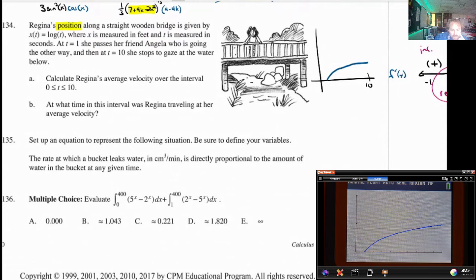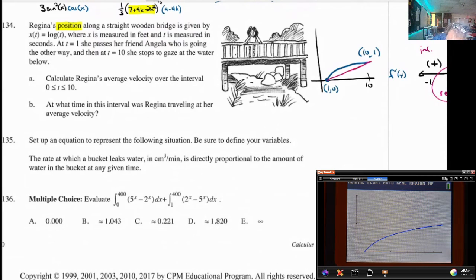All right. As far as calculating the average velocity goes, she starts moving at 1, 0, and she stops moving at 10, 1. I think that's an important thing to point out here. This is a distance graph, and if we want the average velocity, we're really just calculating the slope of this secant line.